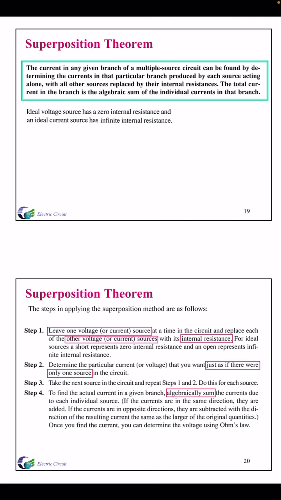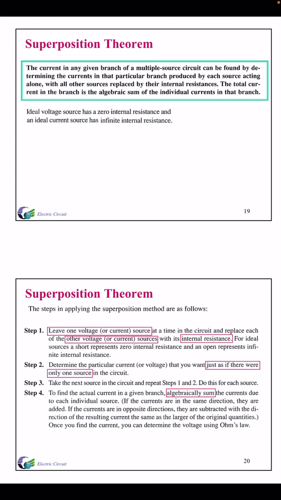So let us start first with the superposition theorem: what is the statement of this theorem, and what are the steps to achieve a simple circuit from a complicated circuit. Its statement is, if there are a number of voltage or current sources acting simultaneously in a network, then each source can be treated as if it acts independently of the others.